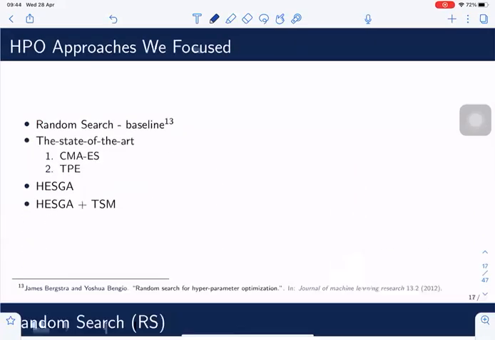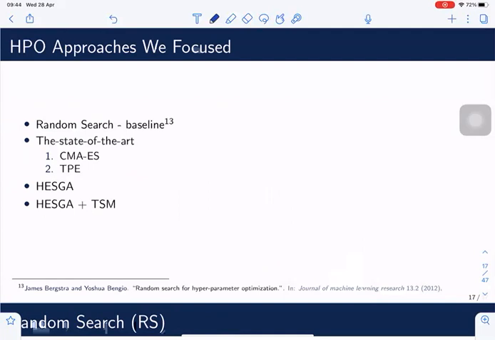And let's see the HPO approaches we focused on. The first one is random search, because it is considered a baseline for all HPO problems. Along with CMA-ES and TPE, we also conducted a systematic comparison of random search, CMA-ES and TPE, which is published in the GECCO conference this year.